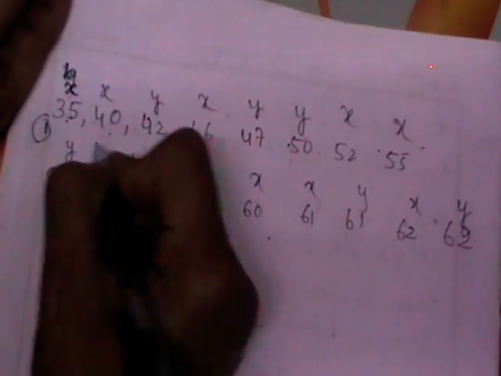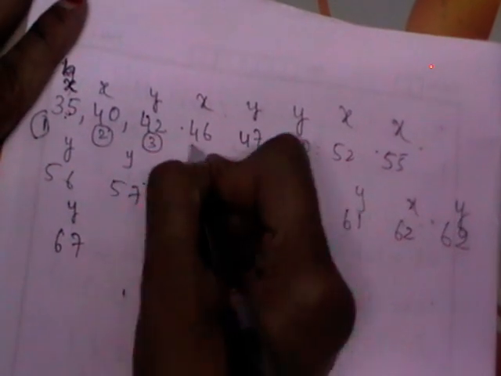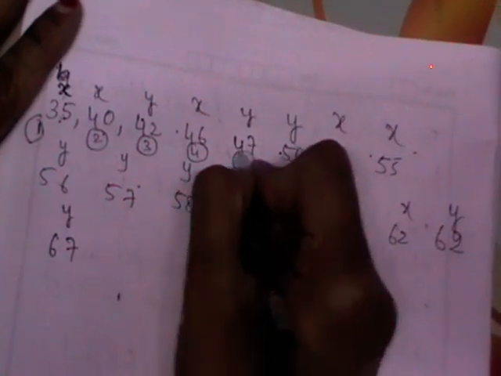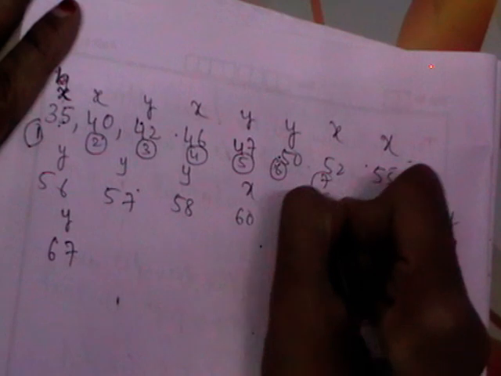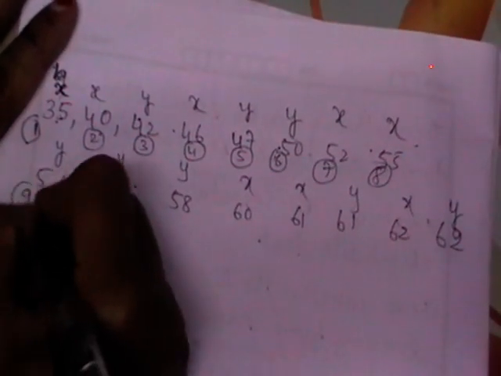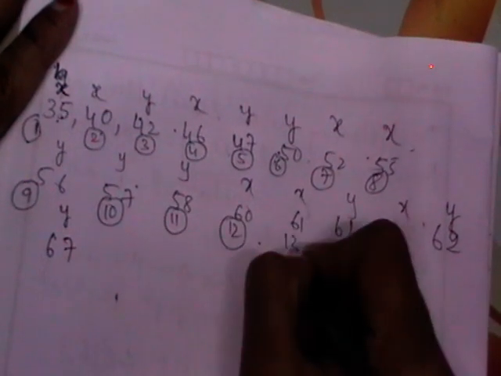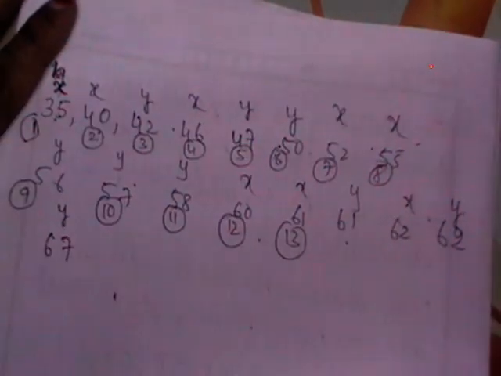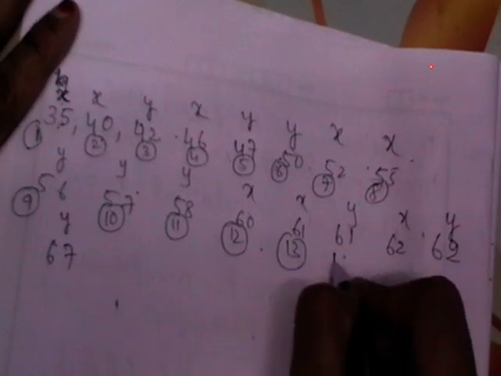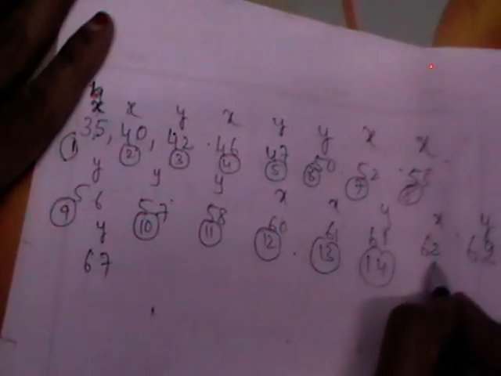Now you assign the least rank, 1. This is first, 2, 3, 4, 5, 6, 7, 8, 9, 10, 11. These are the rankings, not the order. I am giving the rankings to them: 13, 14. Coming to these two, I should give equal rankings.